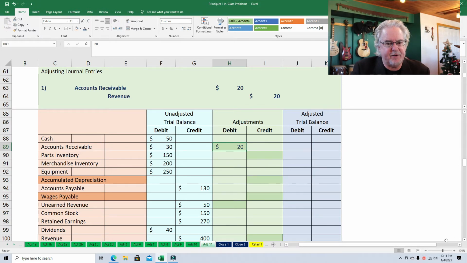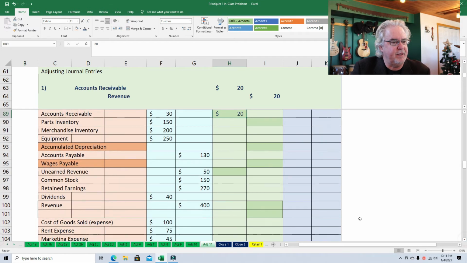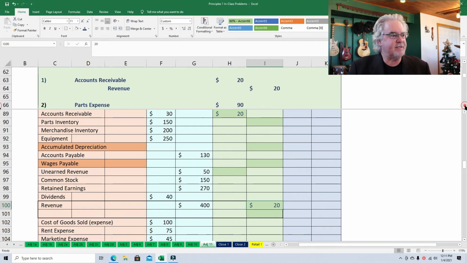So let's go down and find revenue. Put it here as a credit for 20. Now, the way this worksheet works out, revenue is going to need another entry here. That's why I left a little bit of a space, and that's why you see this kind of a box outlined here.